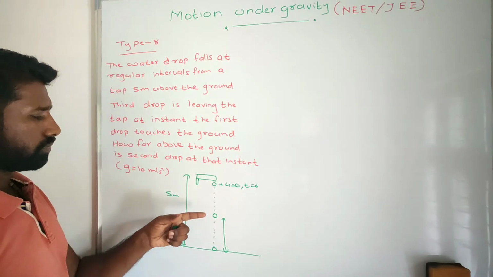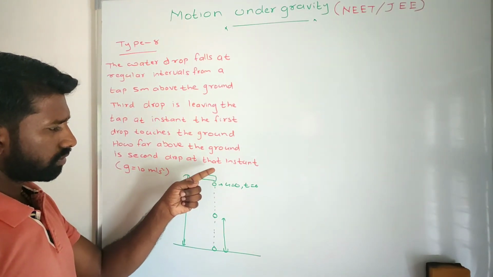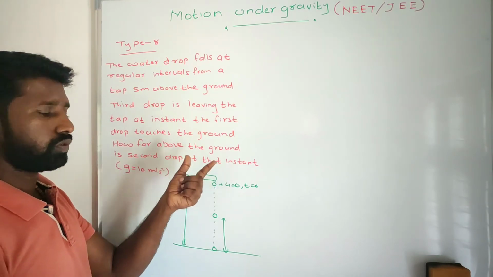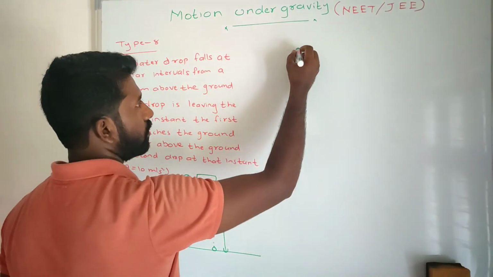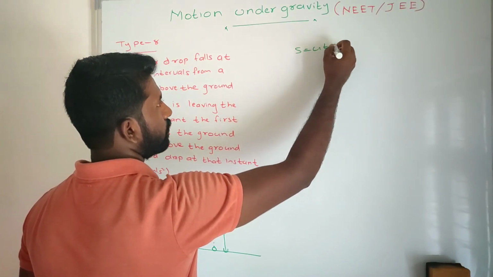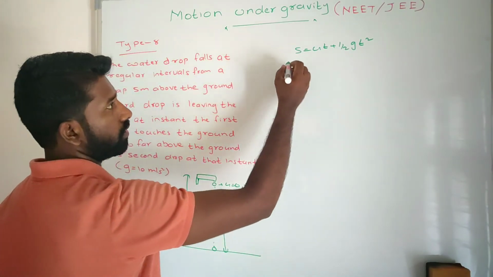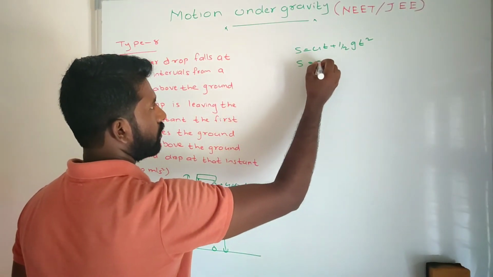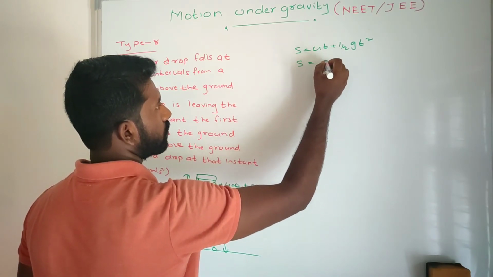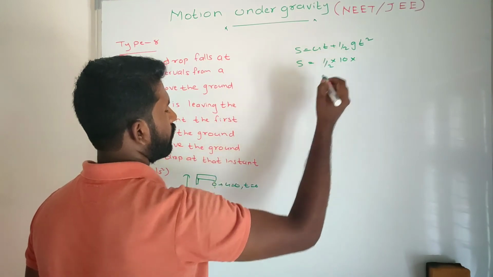Clear? So first I am going to find out what time a first drop will take to reach the ground. So s is equal to ut plus half gt square. This is a motion under gravity. s is 5 meter, and u is equal to 0, so that term is 0, and g value is 10, into t square.